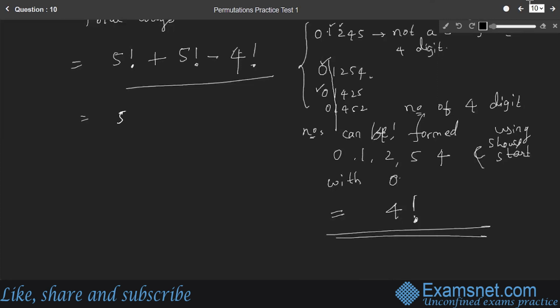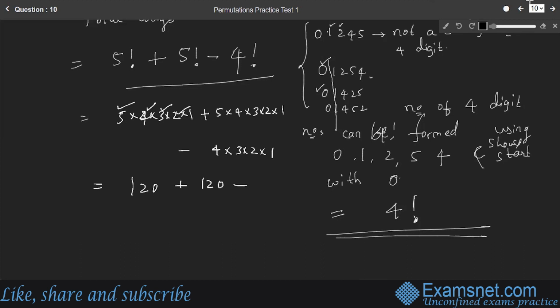So it is 5 into 4 into 3 into 2 into 1, plus 5 into 4 into 3 into 2 into 1, minus 4 into 3 into 2 into 1. Simplify it: 20 into 3 is 60, 60 into 2 is 120, plus 120, minus 4 into 3 is 12, 12 into 2 is 24.